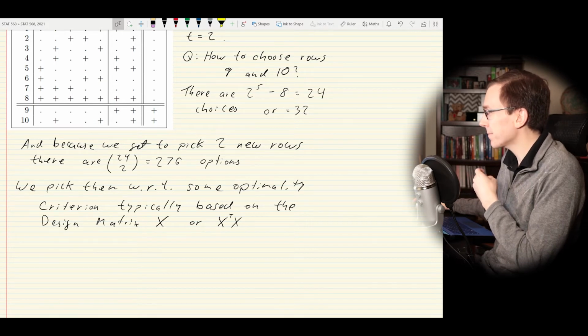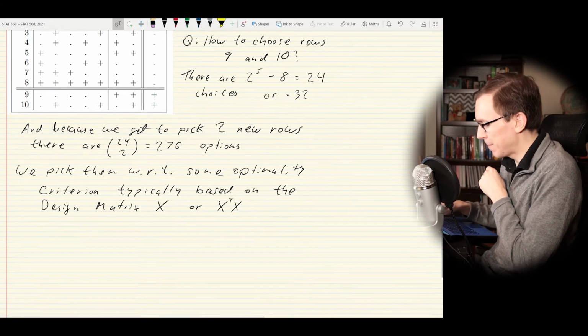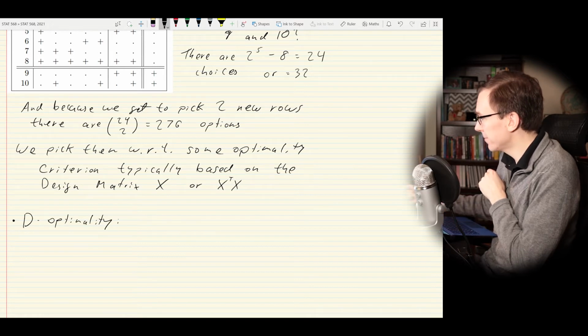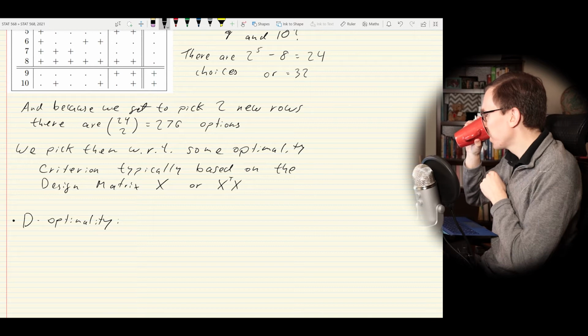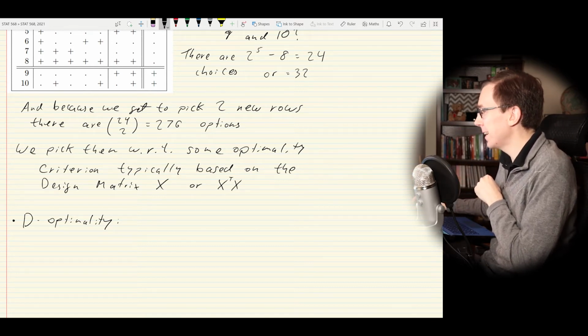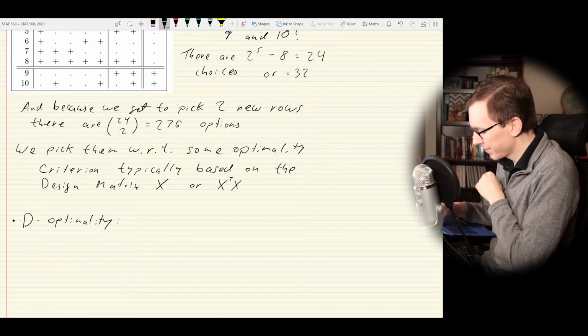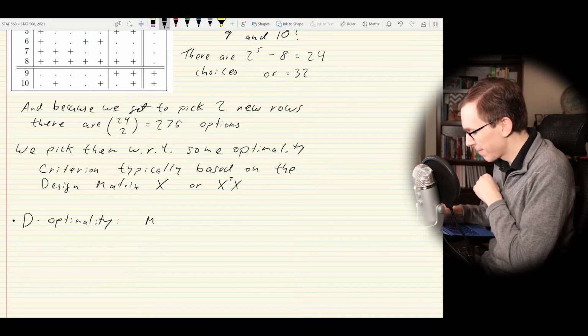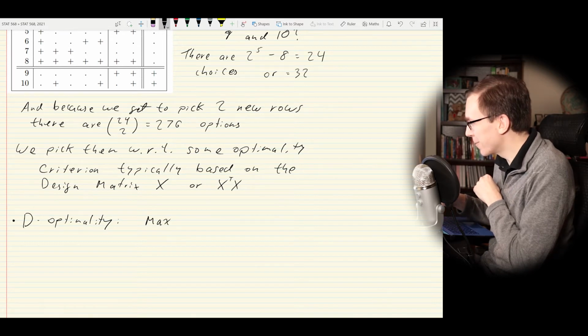So these are all things to take into account when you're trying to run an experiment and using optimality criterion like this. Right, so then what are some optimality criterion? Well, the first one, and one of the most standard ones, is called D-optimality. And the idea here is we want to maximize the determinant, which is an interesting minor typo I found in my notes. One more thing to change going forward.